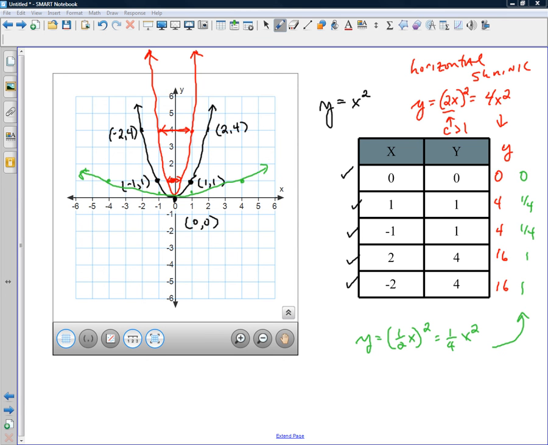Now I've added the green graph, and notice that the c value that I put in front of the x here is now a fractional number, a number between 0 and 1. And when I square this quantity, where I have the c with the x, I get 1/4 x squared.